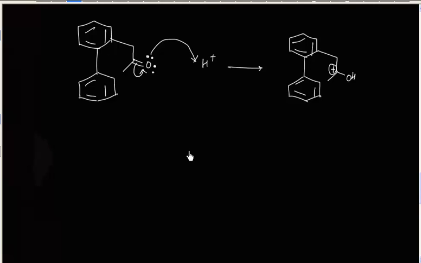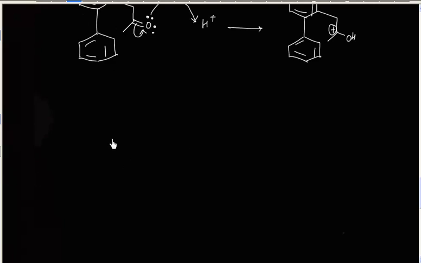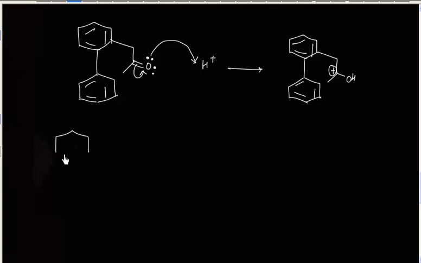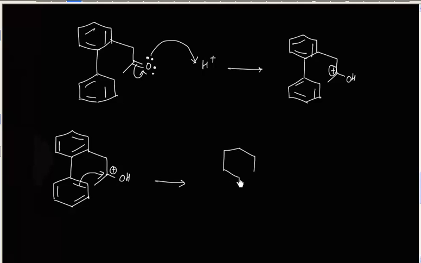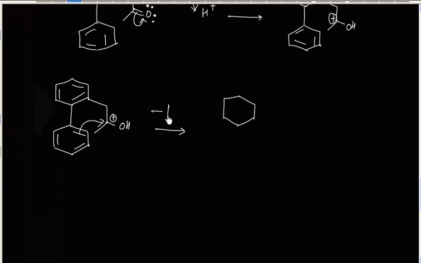Now this electrophile will be attacked by the benzene ring. So this benzene ring will act as a nucleophile, and finally loss of H plus it will generate. So I am writing the final step after losing H plus to gain aromaticity.